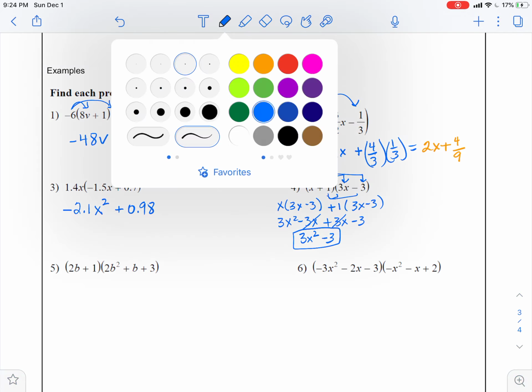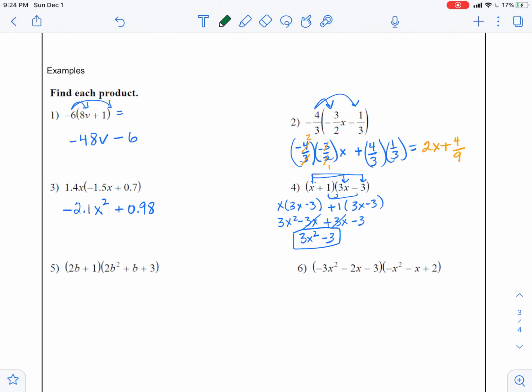Now, if you're doing FOIL, the only thing that is different, let me just rewrite that over here real quick for you, is the acronym is saying take first. That means take these two. So that's x times 3x, which is the 3x squared, which look is that piece right there because that's what I did. And then it means to take the outside 2. So that is the x times the negative 3.